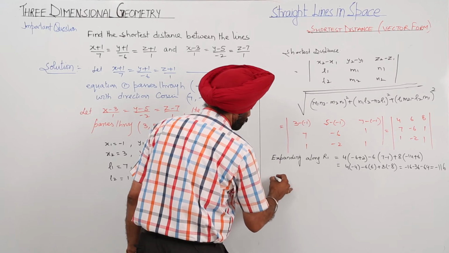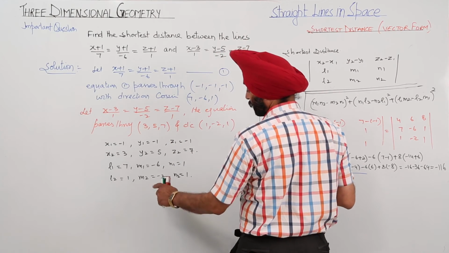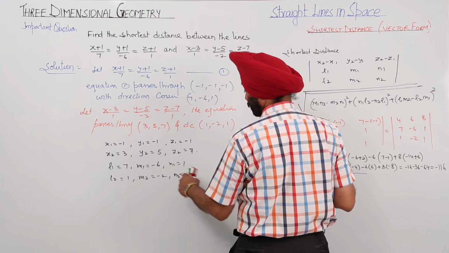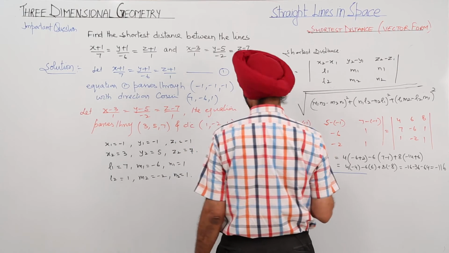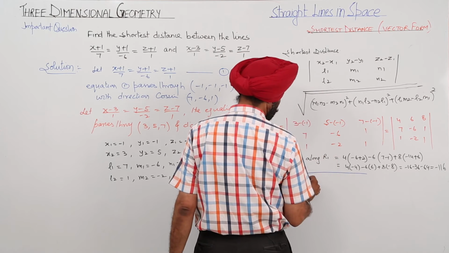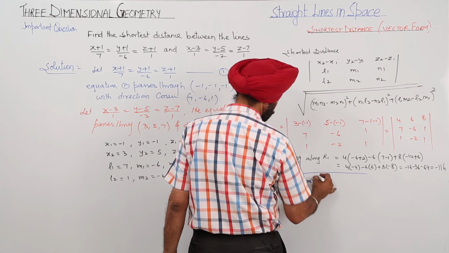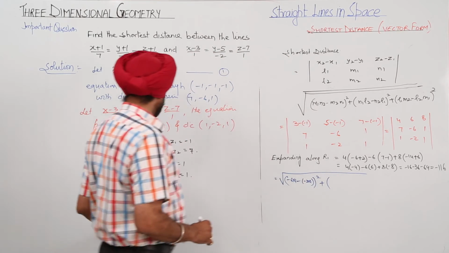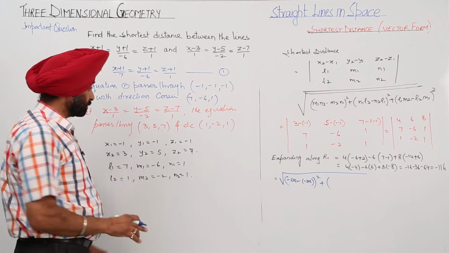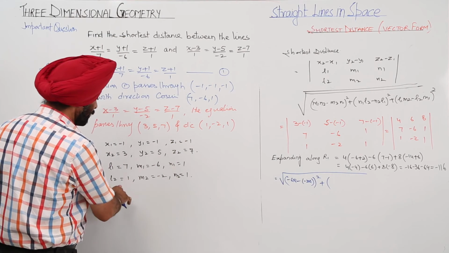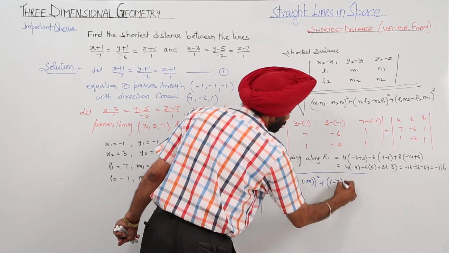Then the denominator. Now m1 n2 minus m2 n1: (-6)(1) - (-2)(1), whole square, plus n1 l2 minus l1 n2: (1)(1) - (7)(1), whole square.